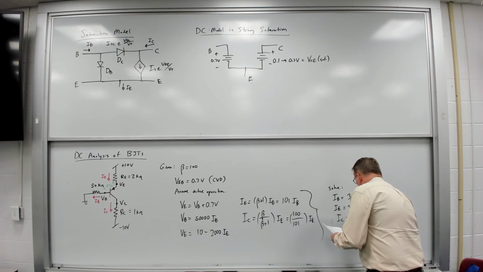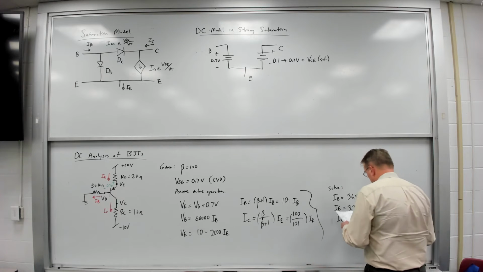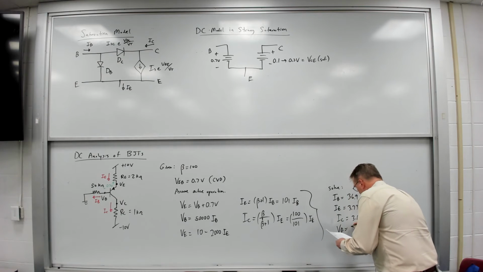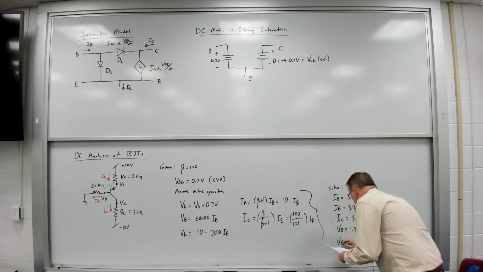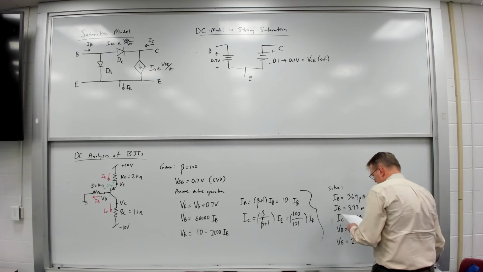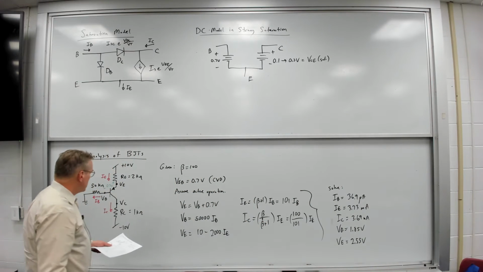IC is equal to 3.69 milliamps. VB will be equal to 1.85 volts. And VE will be equal to 2.55 volts.